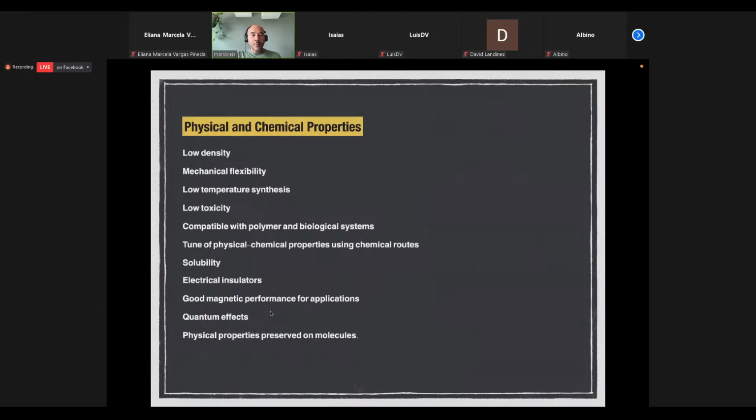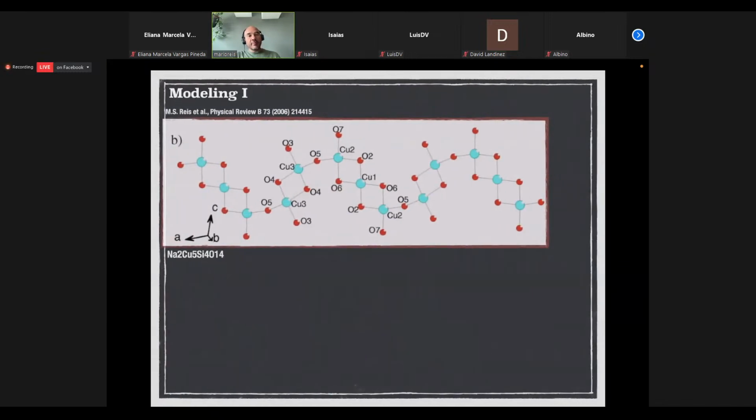Okay. Well, here, just to finalize this simple, brief introduction to metal complexes, it's only an example of how to prepare simple models to understand the properties of this material. Here we have a zigzag chain of copper. Copper depends on the electronic configuration.